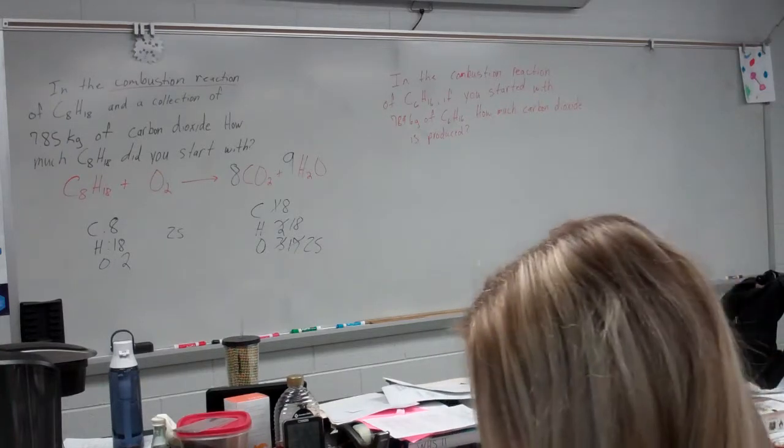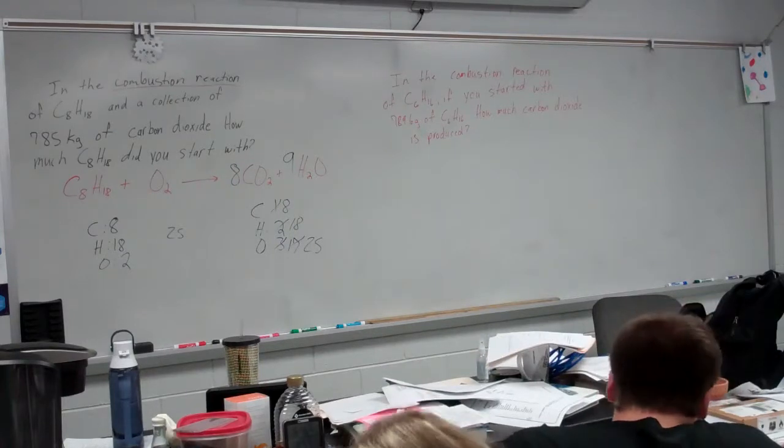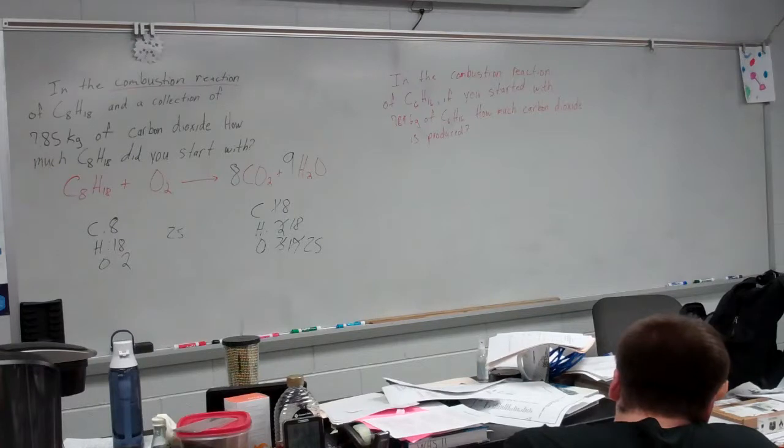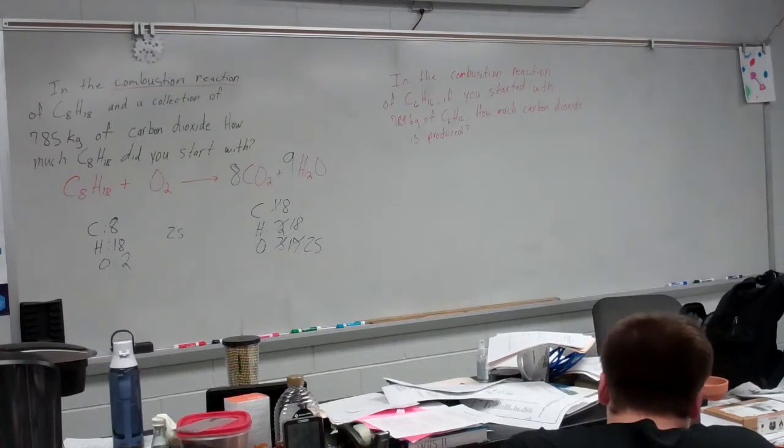There's nothing with molecules in this. This doesn't say moles or anything. When it says how much did you start with, he's asking for grams. So you have to go from that and then go back from grams of carbon dioxide back to grams of whatever this is.